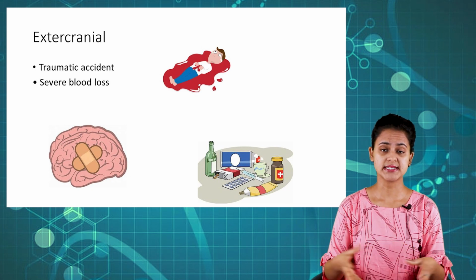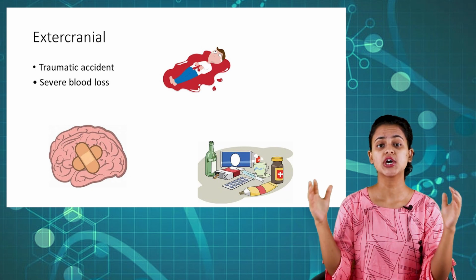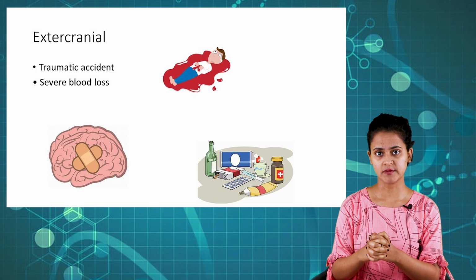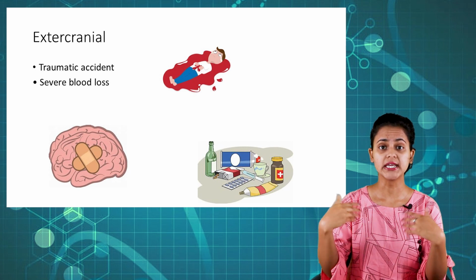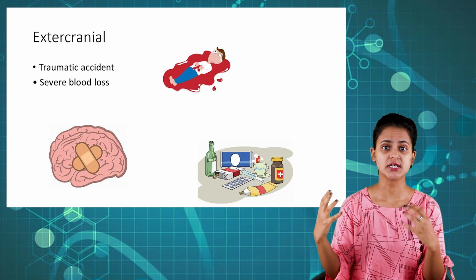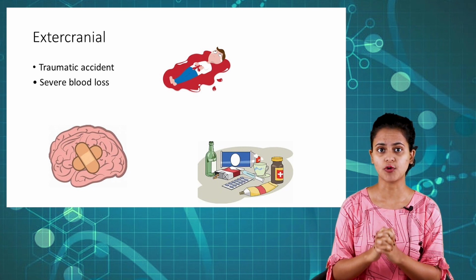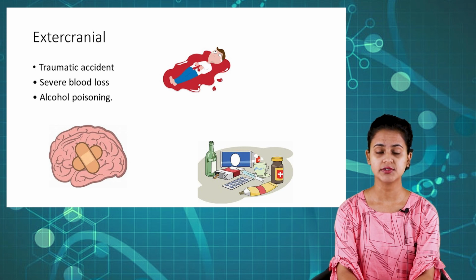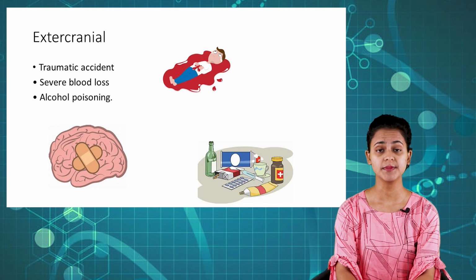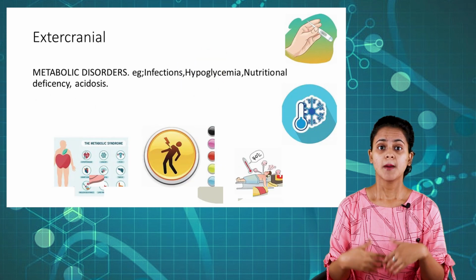Even if a person has internal hemorrhage, that also can lead to the development of unconsciousness if it is severe enough or if the individual's body is not able to manage the hemorrhage. Next, we're going to learn about alcohol poisoning. Even drug overdosage can affect the circulation to the brain, which ultimately causes the development of unconsciousness for a client.